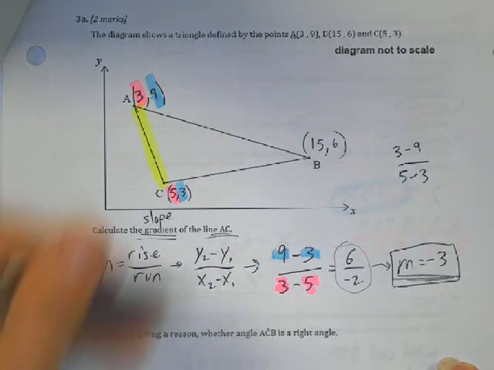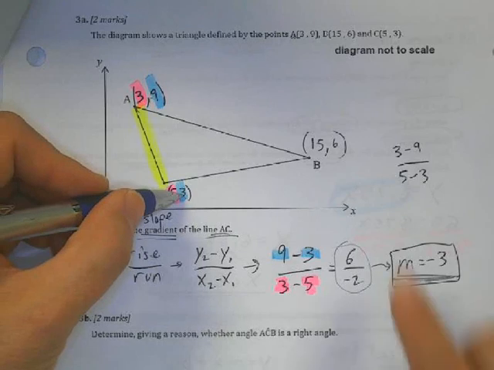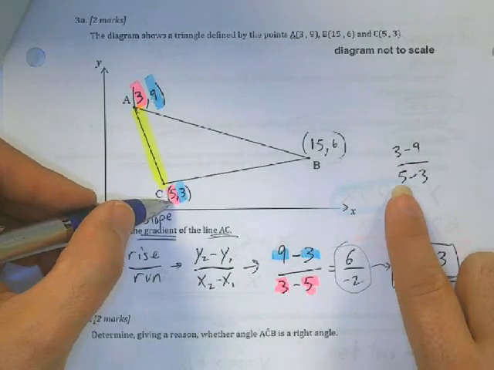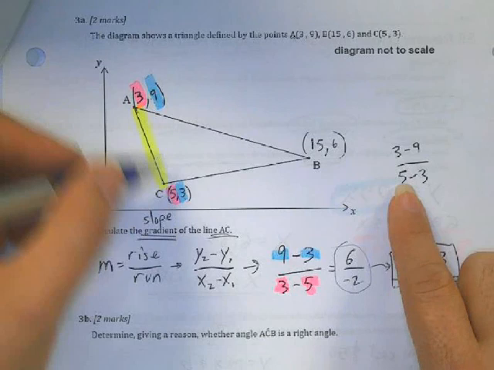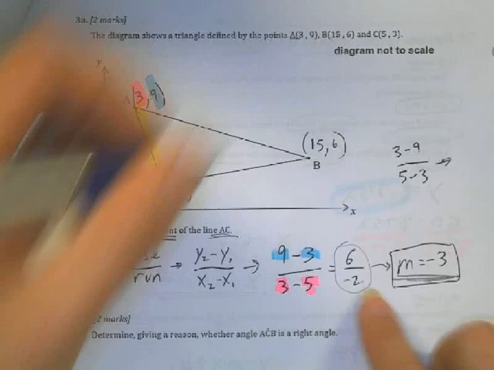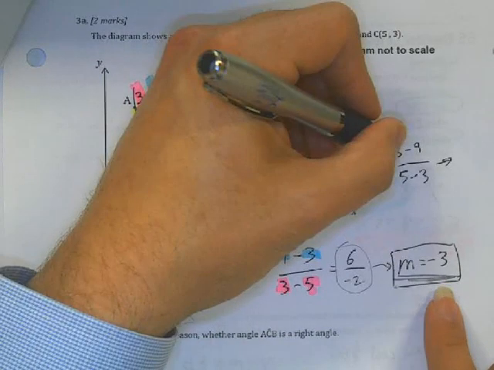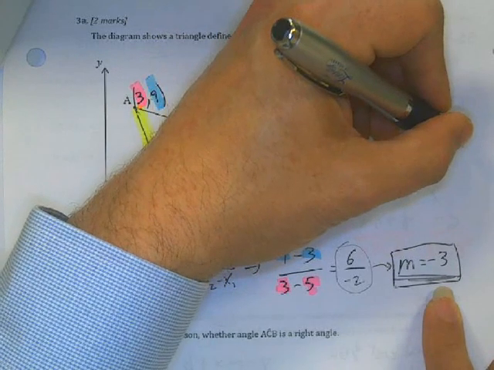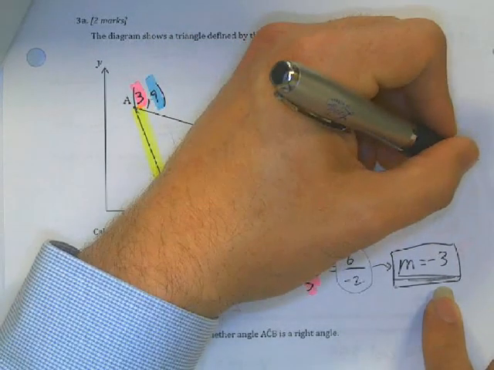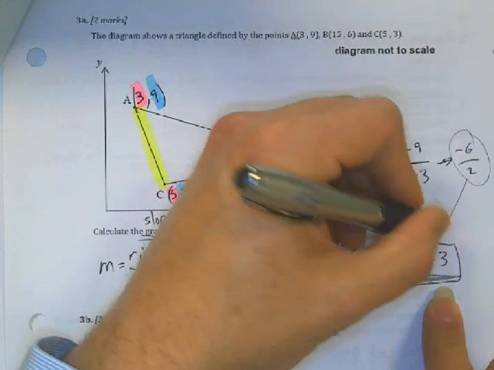It doesn't matter if I make this y1 and that one y2, or vice versa, and then I have to do the same with the red ones. I'm still going to get negative 3, right? Because 3 minus 9 is negative 6, and 5 minus 3 is positive 2. We're still going to get the same answer regardless.